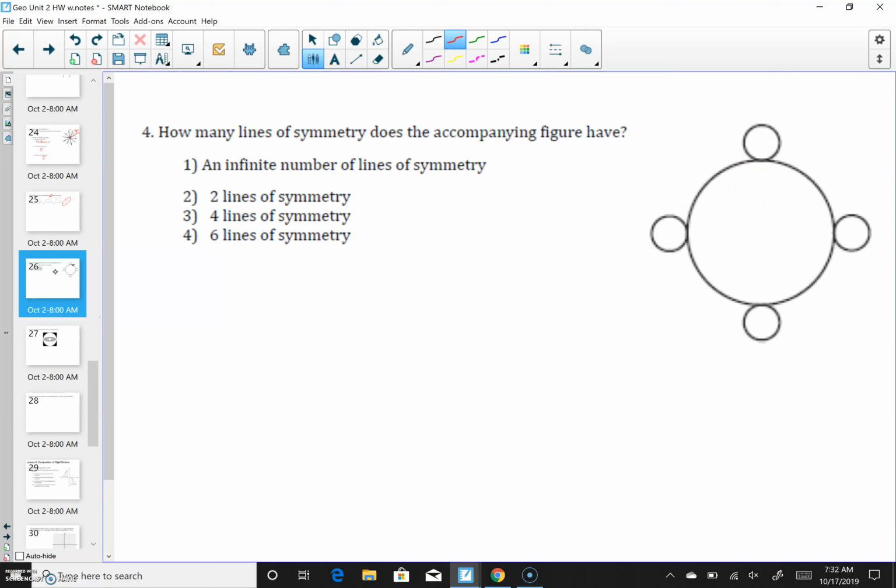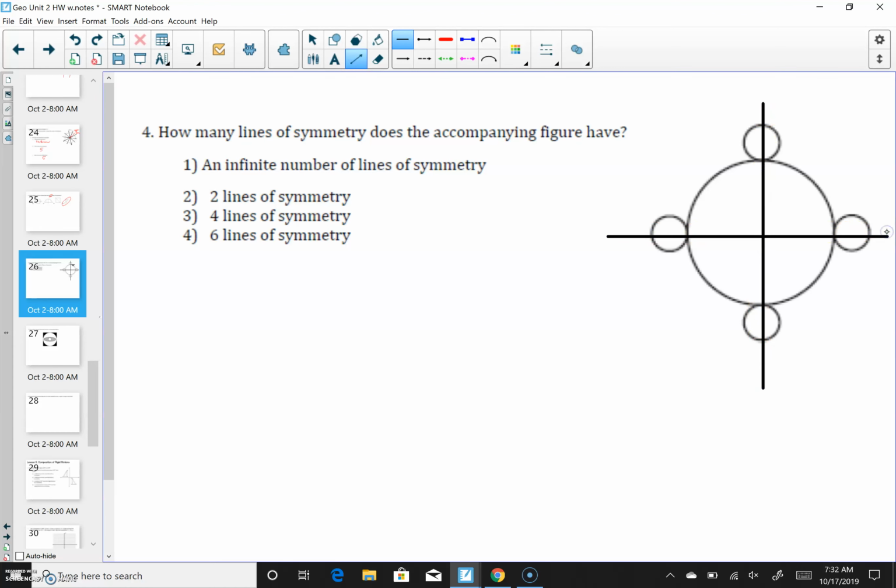How many lines of symmetry does the accompanying figure have? An infinite number, 2 lines of symmetry, 4 lines of symmetry, or 6 lines of symmetry. Well, I definitely see 1 vertical and 1 horizontal line of symmetry.